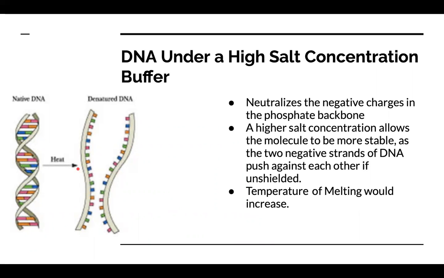In two strands of DNA, the phosphate groups push apart the molecule, so if we neutralize those, the molecule will be more stable. So the melting temperature, which is almost the halfway point to a completely denatured molecule of DNA, is increased because that pushing apart of those same charges is neutralized by the high salt concentration.